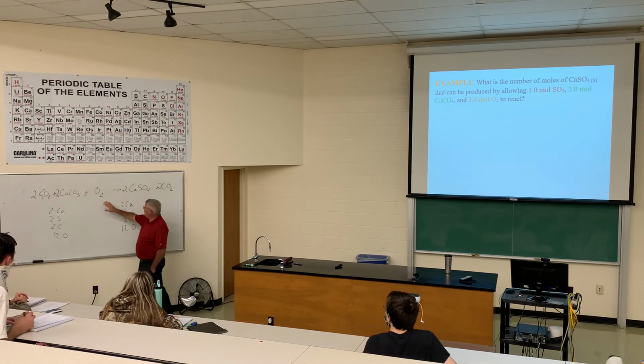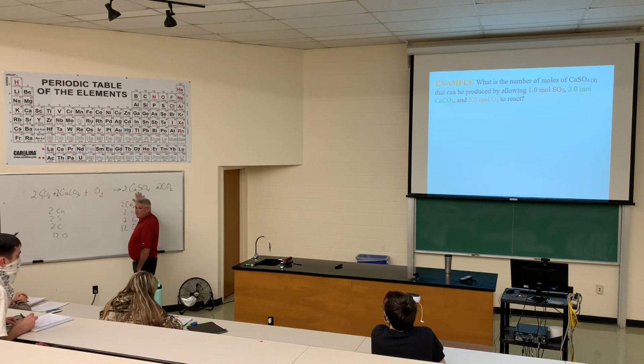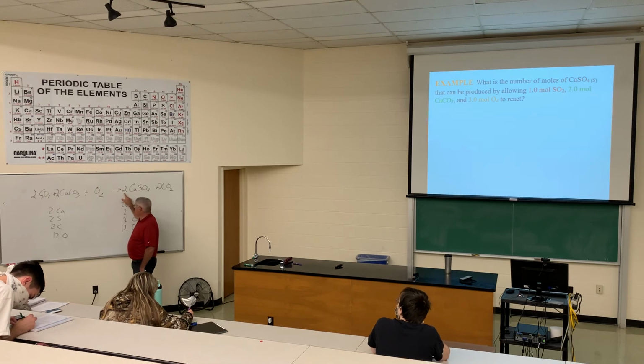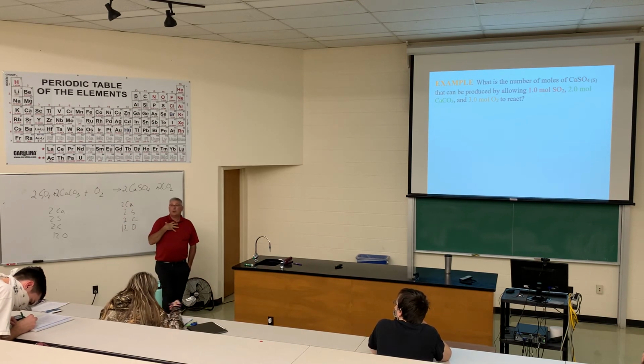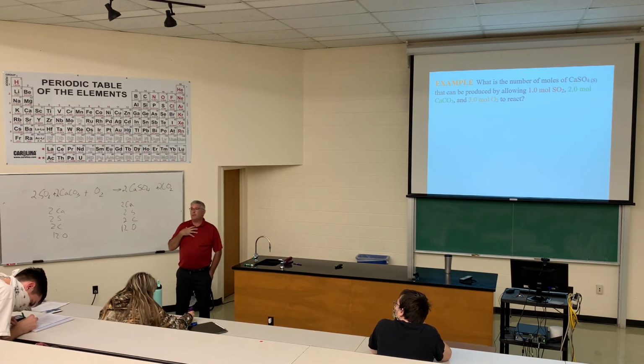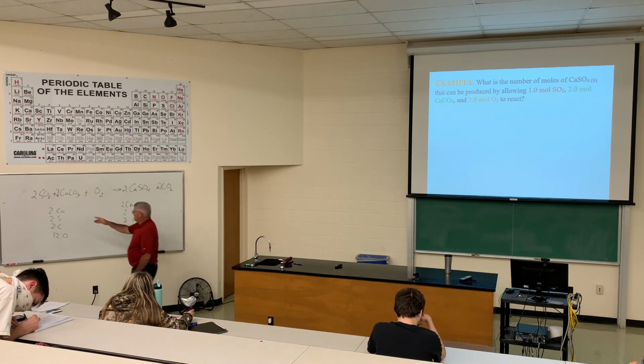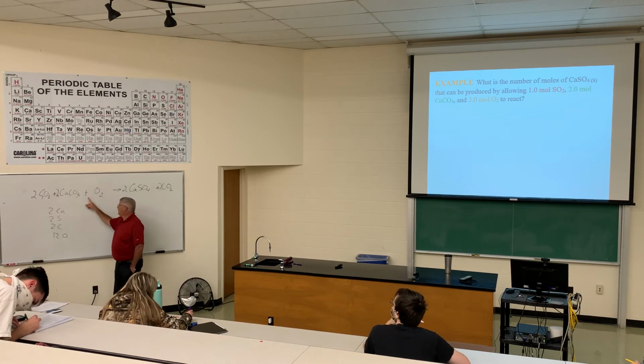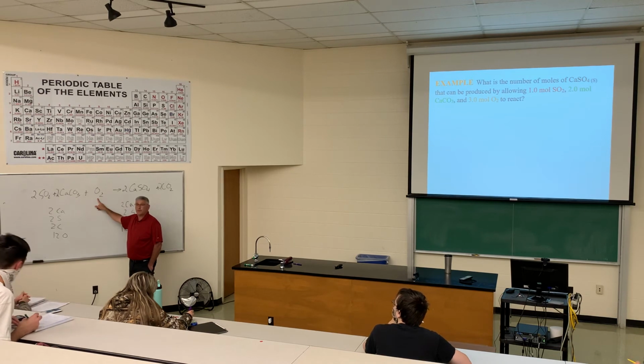Yeah. 3 moles of oxygen, how many of these can I make? 6, right? 3 times 2 says that I can make 6 moles of this with the oxygen. Now, I'm going to ask this question, which of these is the limiting reagent? Which one limits the amount of product that can be made? This which can make 1 mole, this which can make 2 moles, or this which can make 3 moles? Or 6 moles, excuse me.